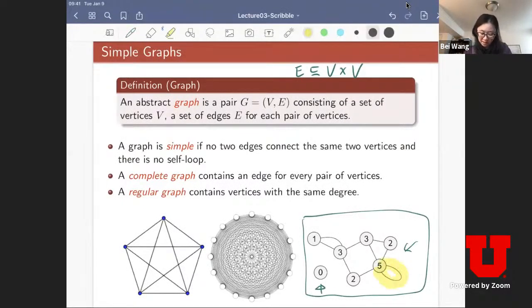And it also has multiple edges connecting a pair of nodes. Because this is not a simple graph, I can make it simple by removing some edges. For example, I can remove a duplicated edge between node 1 and 3, and I can remove the self loop. And now I have made it into a simple graph.